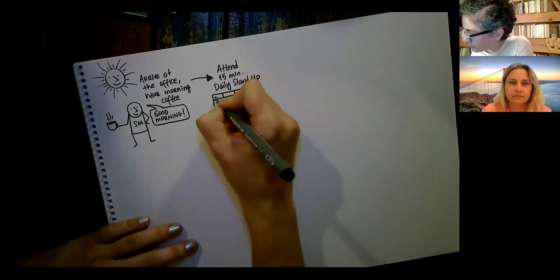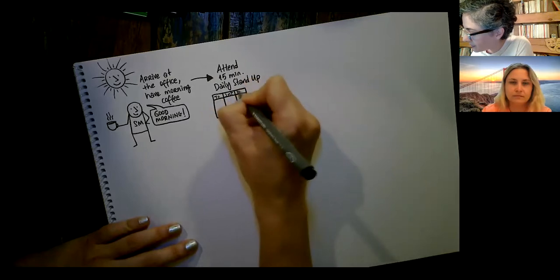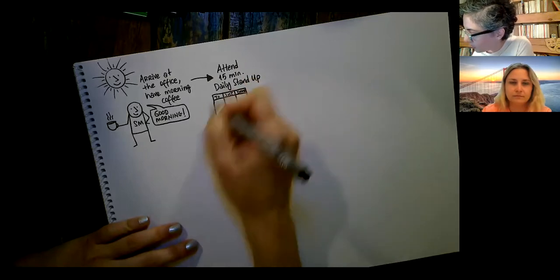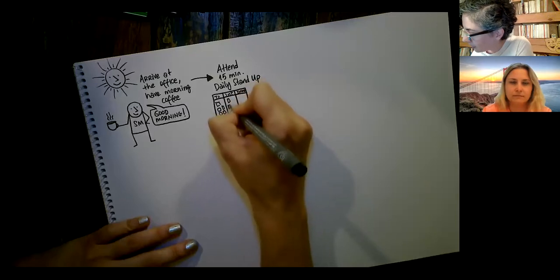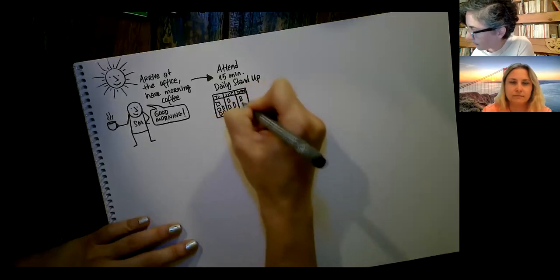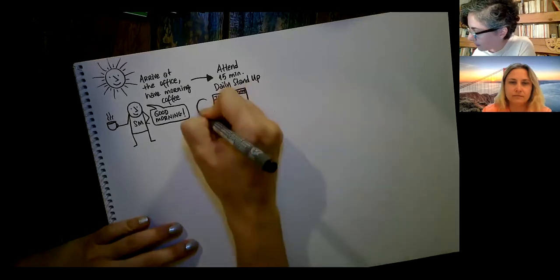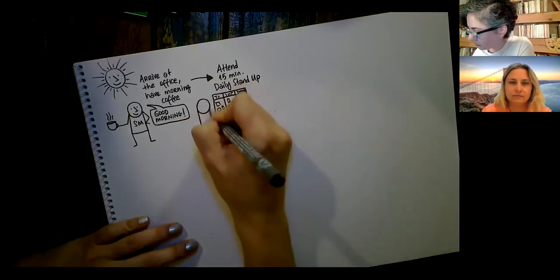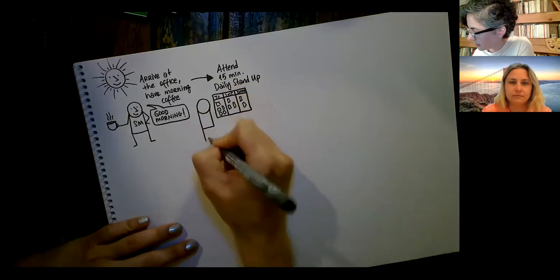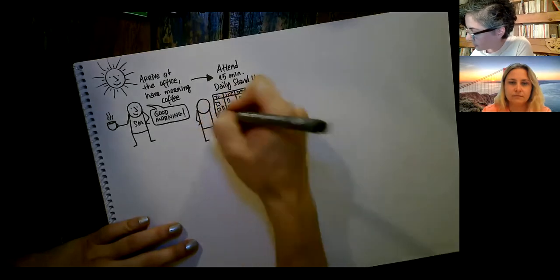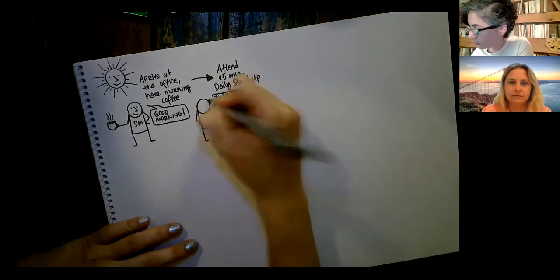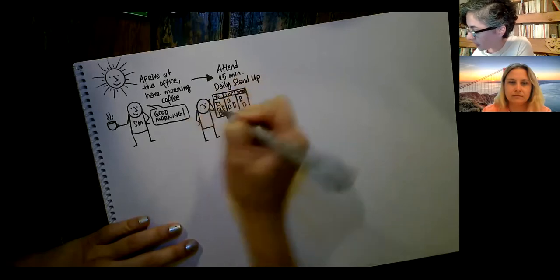Here is a board. This is just something symbolic. There may be some sticky notes here and here. And we have the team members discussing what they are going to do today, what they have done.